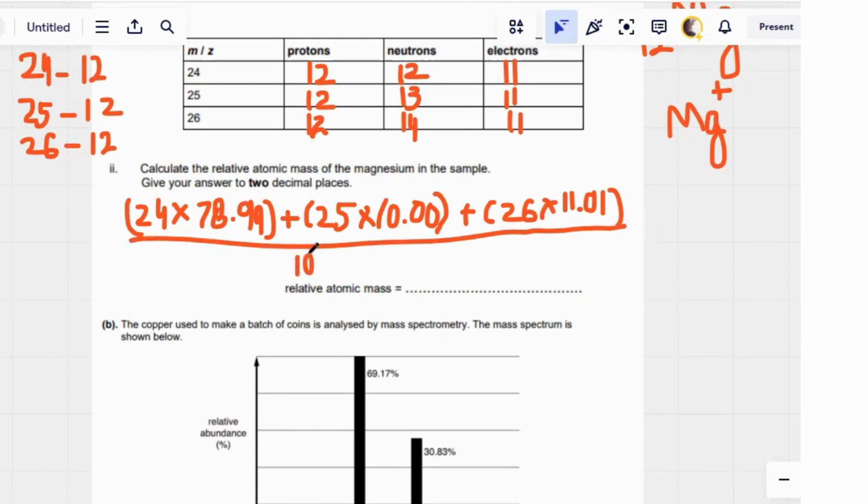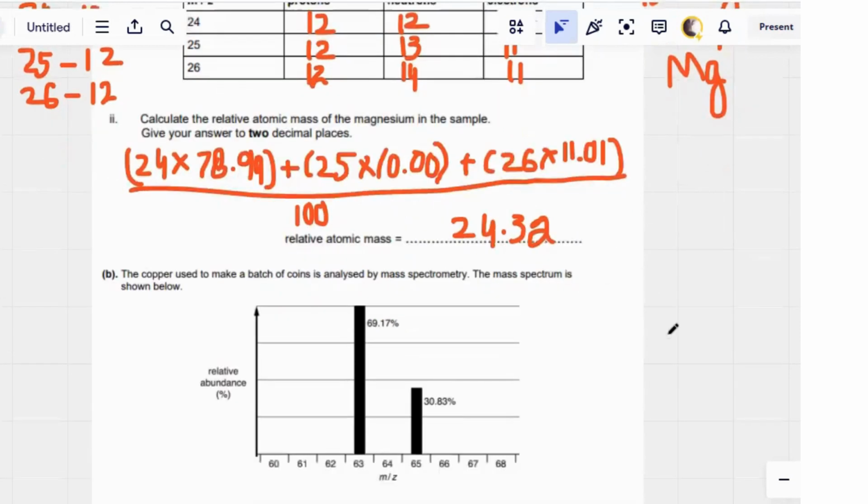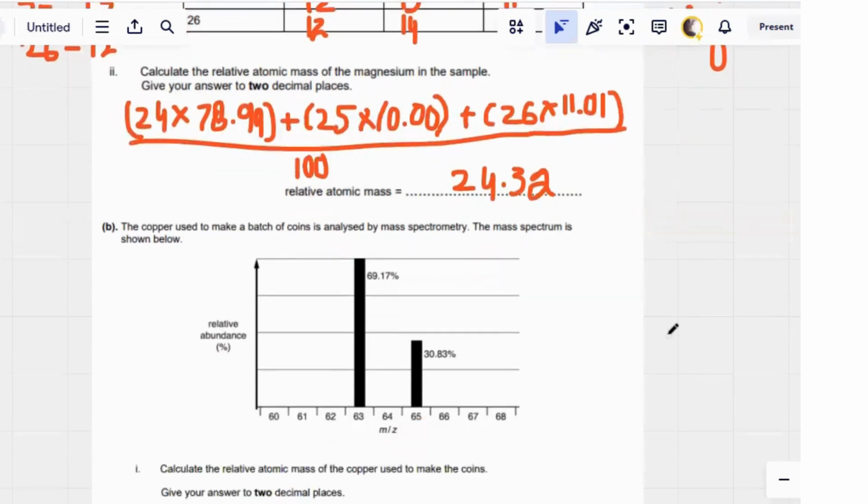I will simply get my relative atomic mass, and that is 24.32. To 2 decimal places, I've got my answer, 24.32. This is the relative atomic mass.